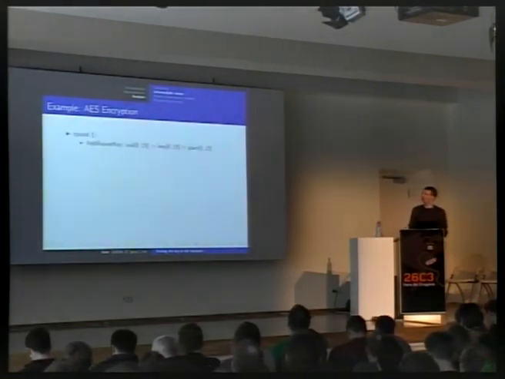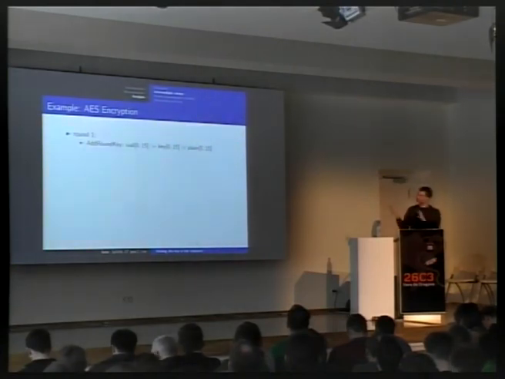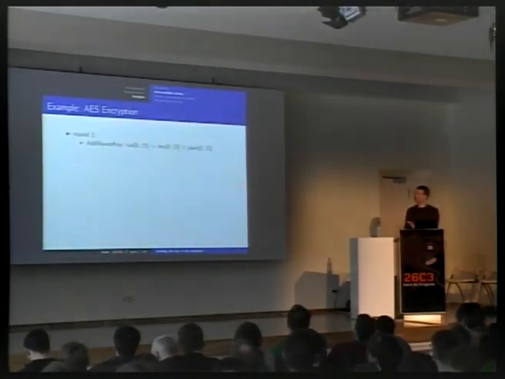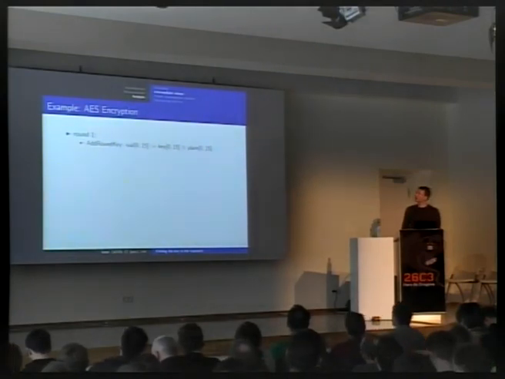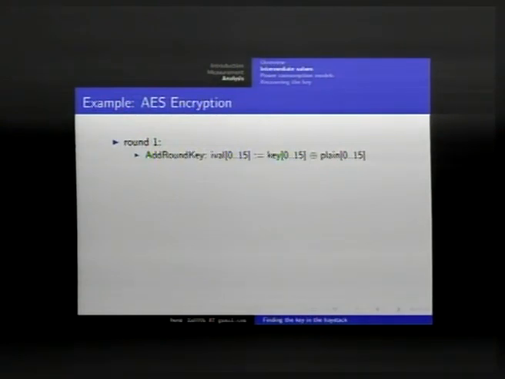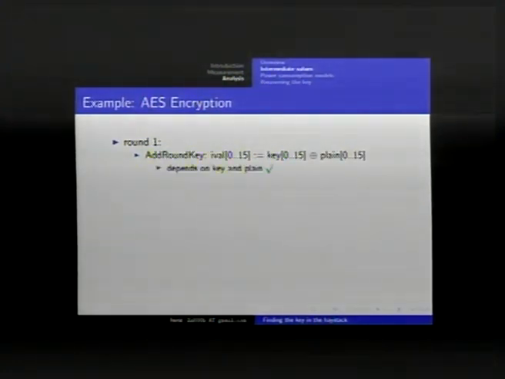again. Okay, let's have a look at the AES encryption. This is a general AES encryption. It's done that way in every AES implementation. In the first round, we have a round key, so each byte of the plaintext is XORed with the same byte of the key. So key byte 0 gets XORed with plain byte 0, and so on.